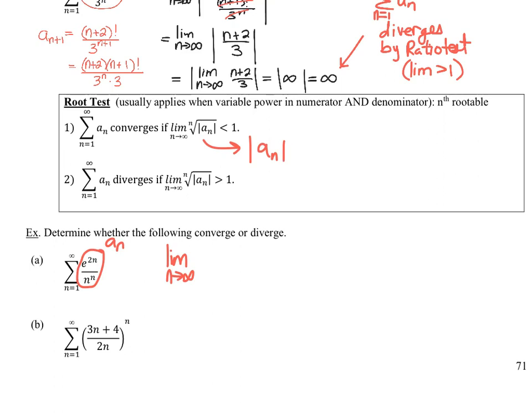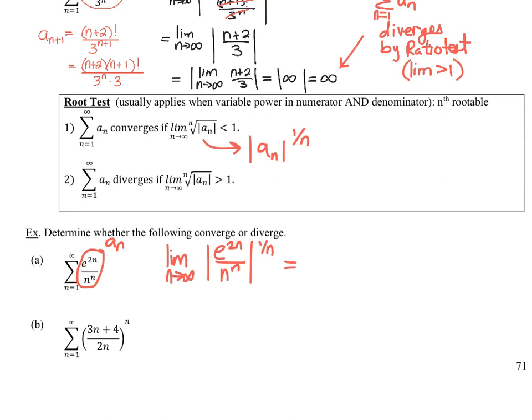Great way to stay in shape. But you're better off writing it like this: a sub n to the 1 over n power. And that's going to do a lot more for you, I think. So we're looking at (e to the 2n over n to the n), raised to the 1/nth power.